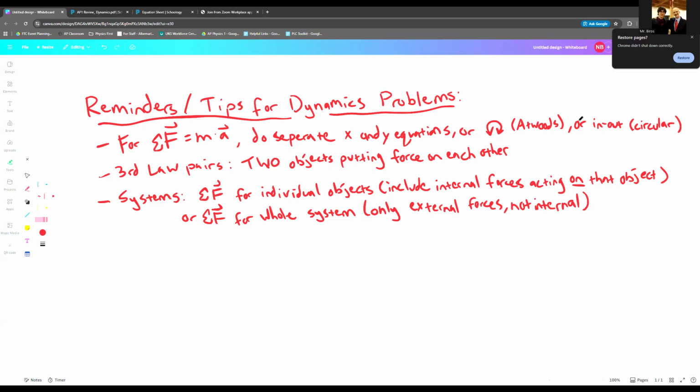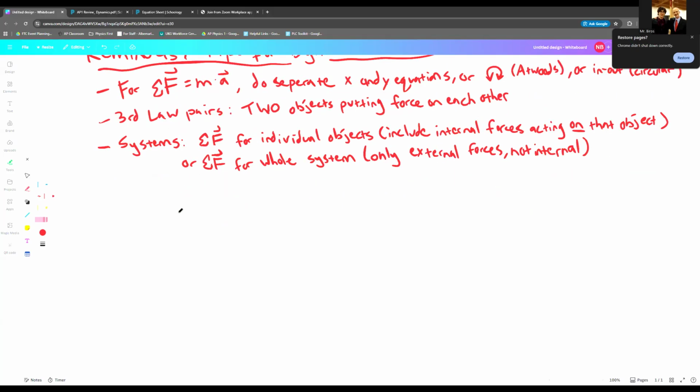This is really handy for something like tension in an Atwood's machine. If you have tension in the string connecting the objects in an Atwood's machine, summing forces for the whole system is often a good idea if you don't want to deal with that force of tension, if you don't really want to do anything with it, if you'd like to avoid having it show up in your equations. Okay. Let's go specifically to Atwood's machines.